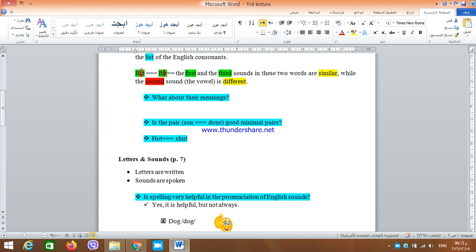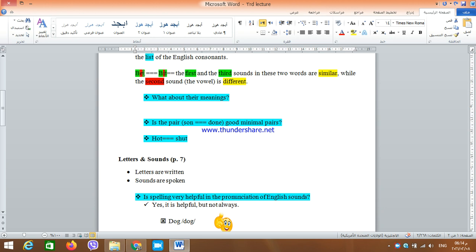So we have two words. These two words have similar sounds, except one that is different. And this difference causes a difference in meaning, because the meaning of the word bet is different from the meaning of the word bit. So the question is, is this a good minimal pair? Of course it is. The meanings of these words are different.